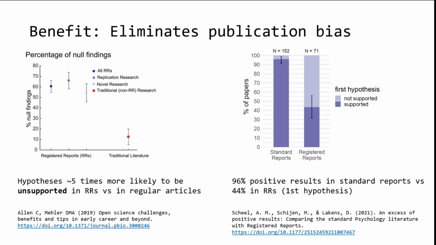So there's very few unsupported or negative hypotheses in the standard literature. Whereas in registered reports, only 44% of the hypotheses were supported. So this suggests that registered reports are a much more honest representation of what academic literature actually looks like and the complexity of psychological research.